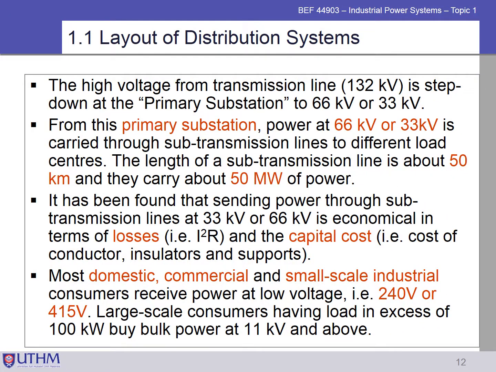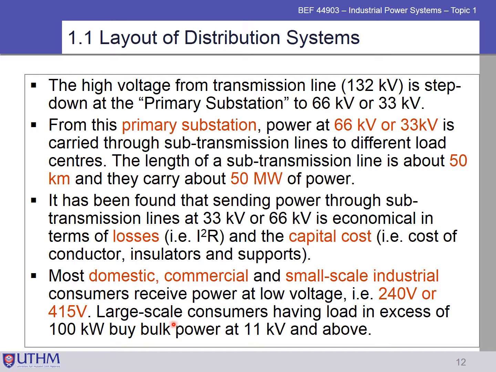This is the explanation of the layout of the distribution system for the previous diagram. Most domestic, commercial and small scale industrial consumers receive power at low voltage: single phase 240 volt or 3 phase 415 volt.